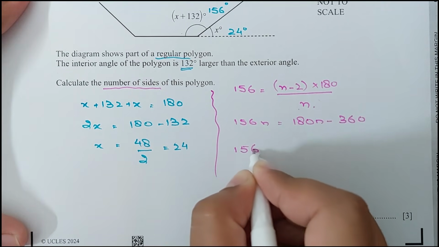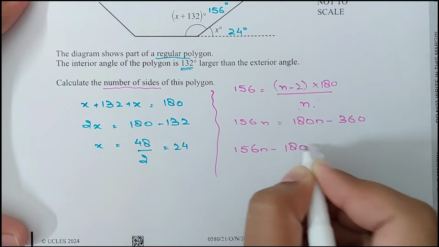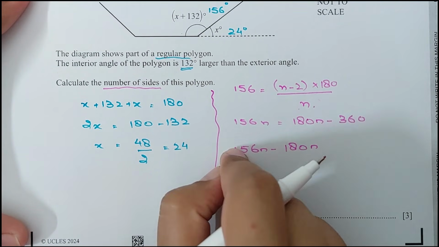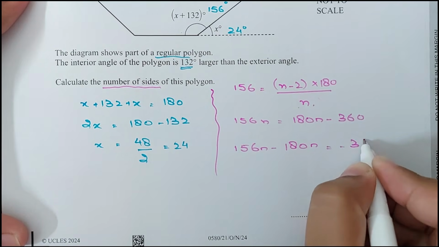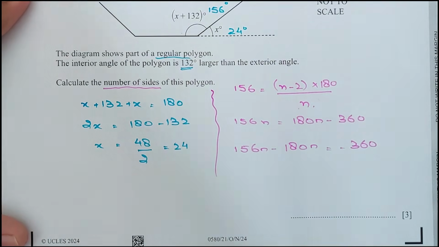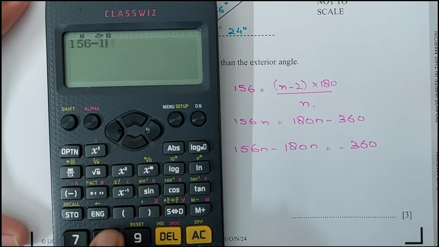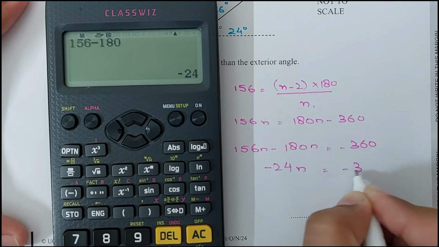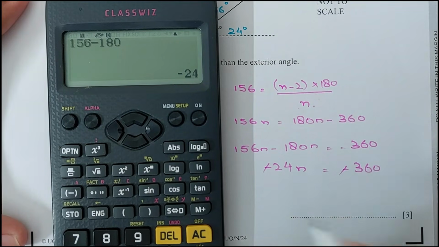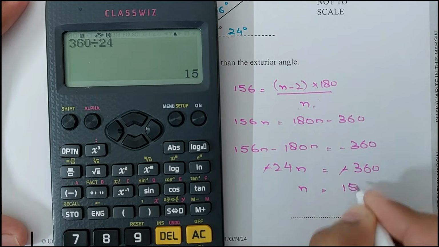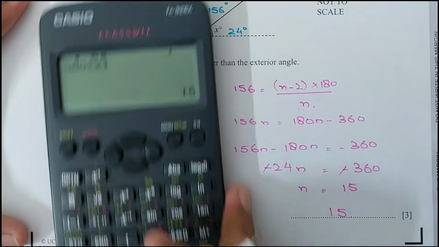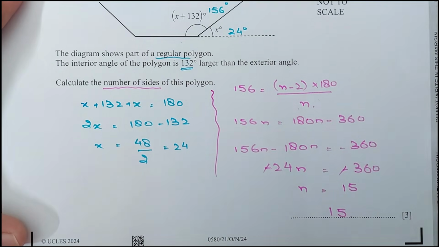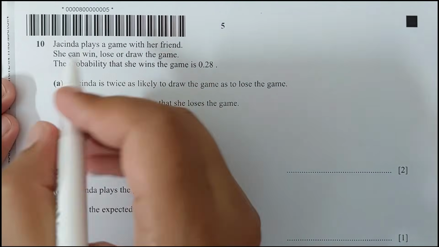So 156n minus 180n, I just shifted the n terms to the left and kept the constant term on the right. 156 minus 180 is negative 24n, and this is negative 360 degrees. Negative cancels out with negative, so what is n? 360 divided by 24, so that is 15. So the number of sides of that regular polygon is 15. It's a 15-sided polygon.